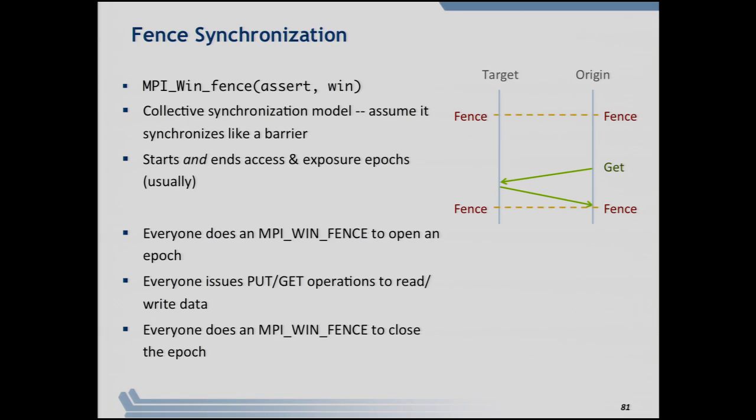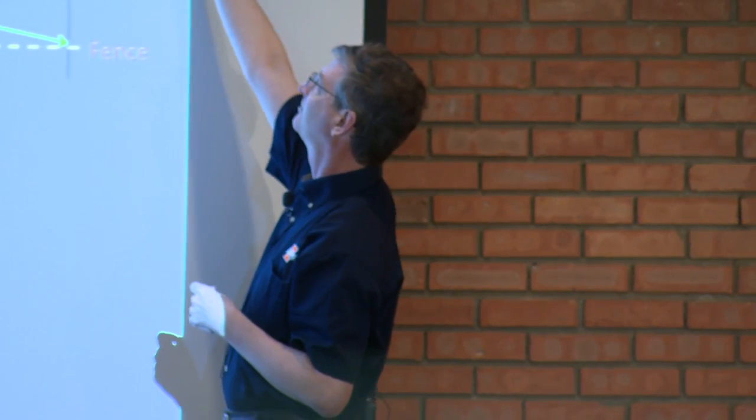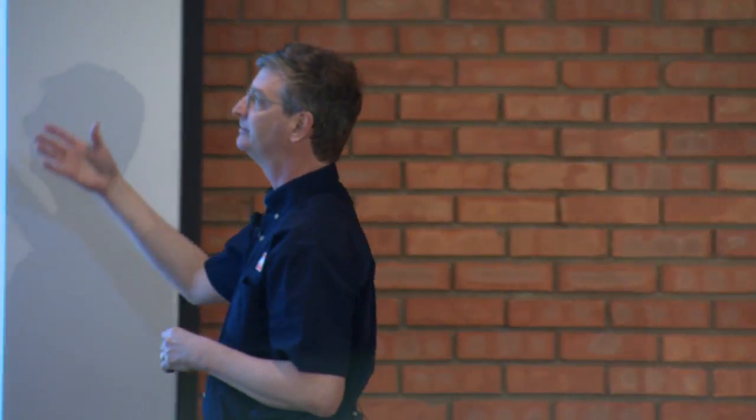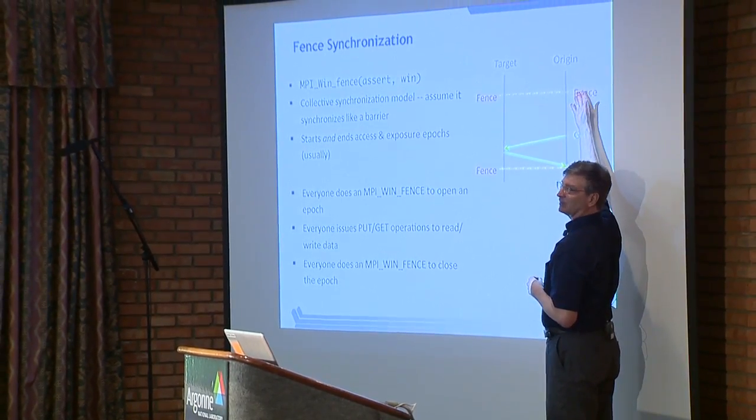So then I do a synchronization. And that synchronization is easily done with a fence. The name is sort of historical. Essentially it fences these memory references off from before and after the fence. Okay. So you can think of it as being sort of like a barrier.